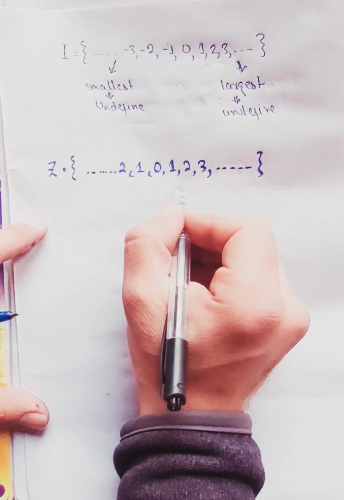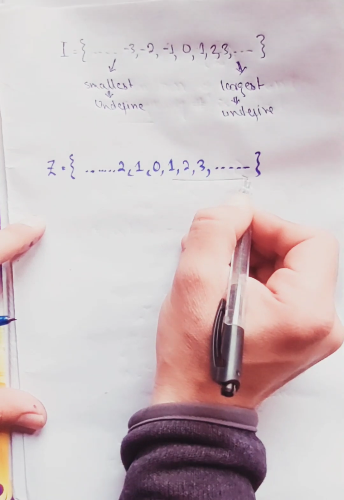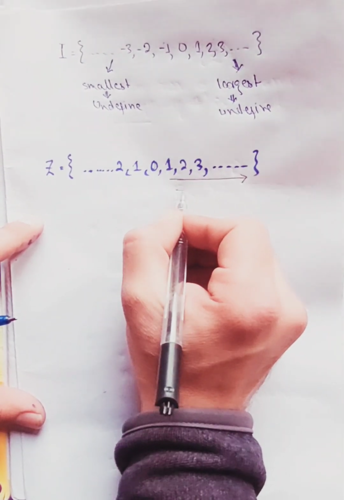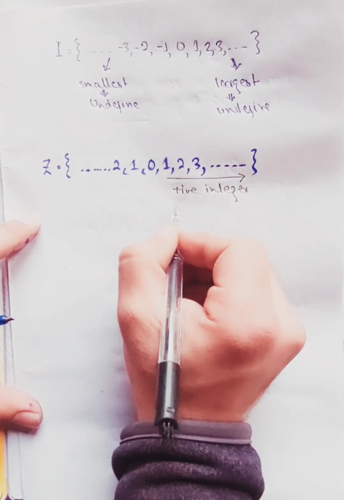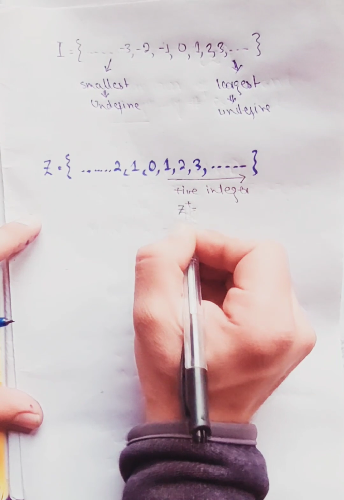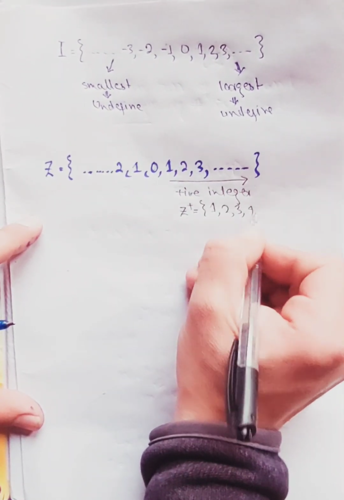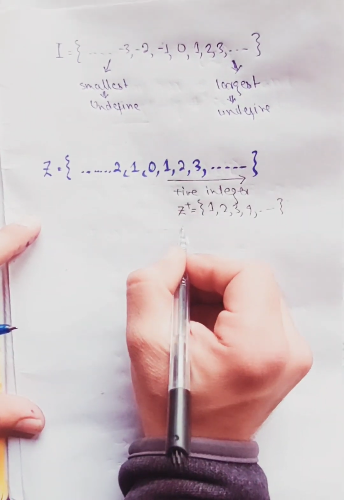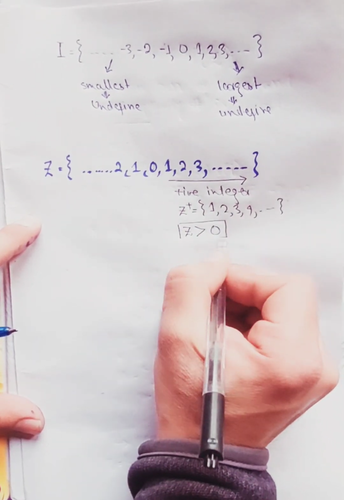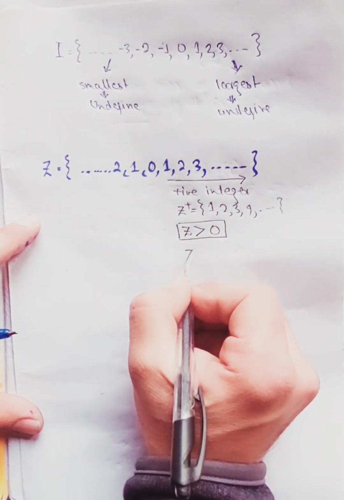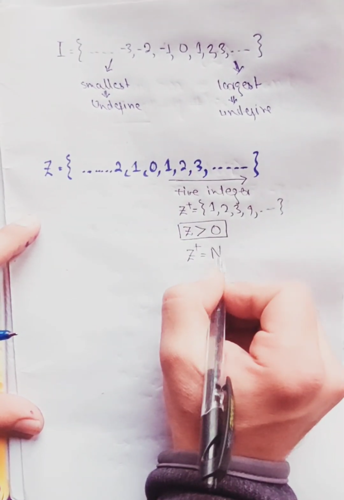वो इंटीजर जो ज़ीरो से ज़्यादा हो, तो उसको पॉजिटिव इंटीजर कहते हैं. What is positive integer? Positive integer is denoted by Z plus, and it starts from 1, 2, 3, 4. Those integers which are greater than 0 are called positive integers. You can see that positive integer is equal to natural number, this is very important.